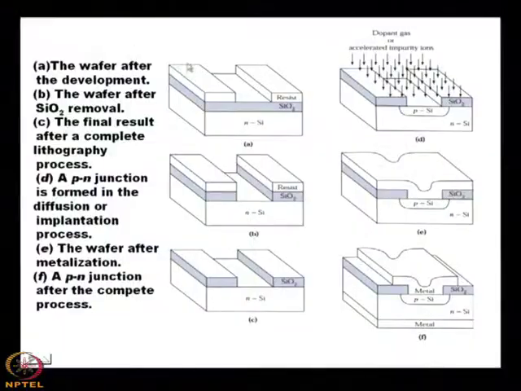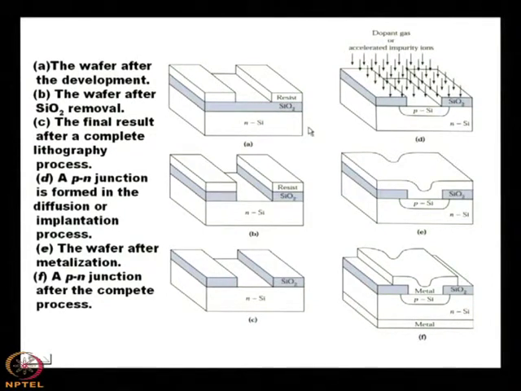So, there will be three areas. In the first area there will be no hardening, in the middle portion there will be hardening, and in the third portion on the right side there will be no hardening. So, there will be three regions of this planar geometry, this is known as the planar geometry.